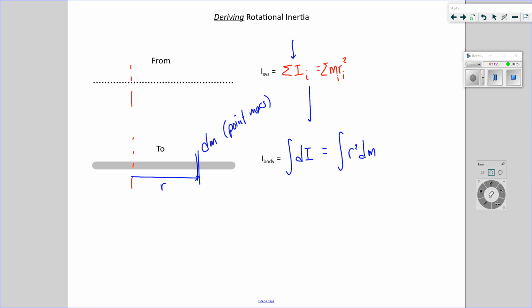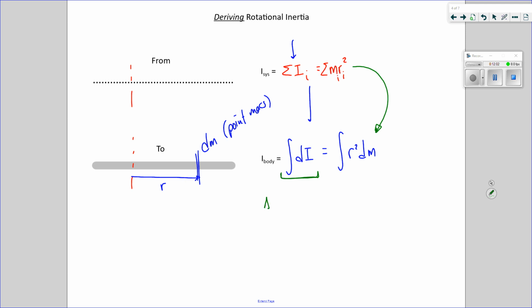I'm going to do a couple in the subsequent slides, but what we need to be okay with is that a summation of discrete products turns into an integral of a quantity. Integration in this case really means add up all the infinitely small things. Quite literally, add up all the infinitely small things.